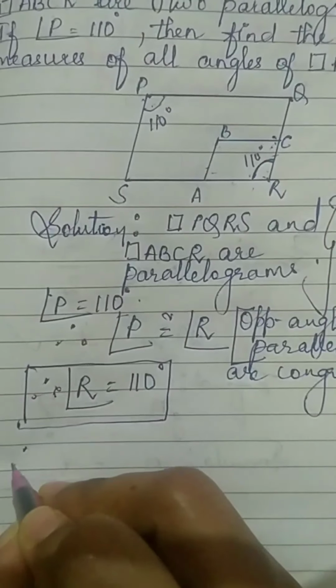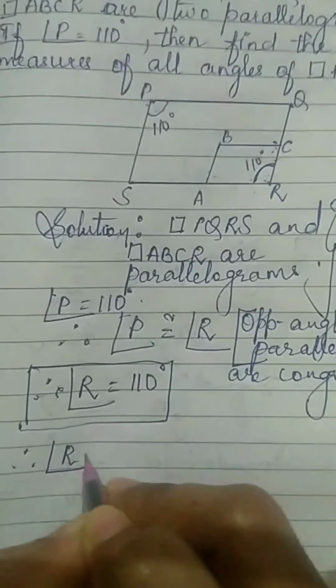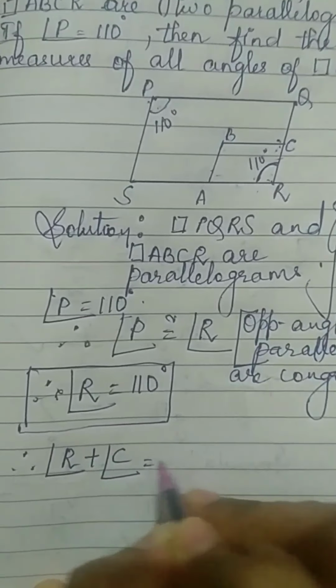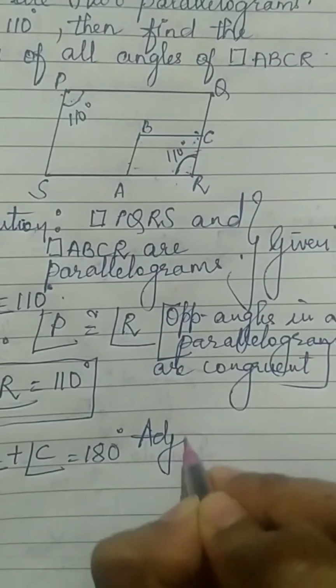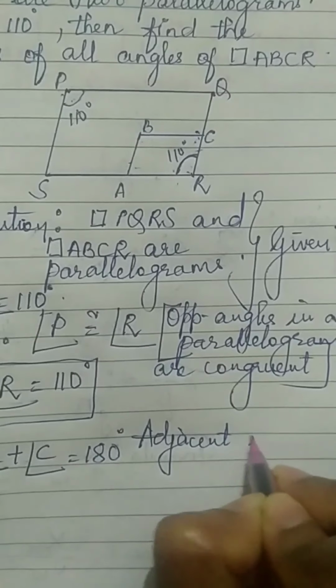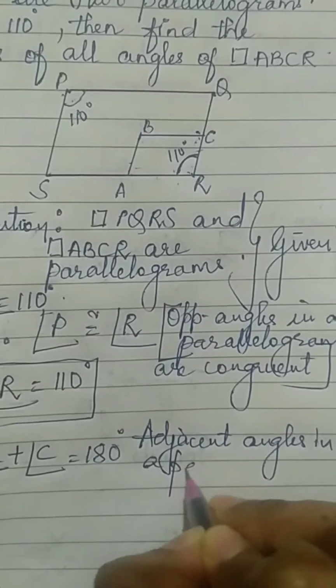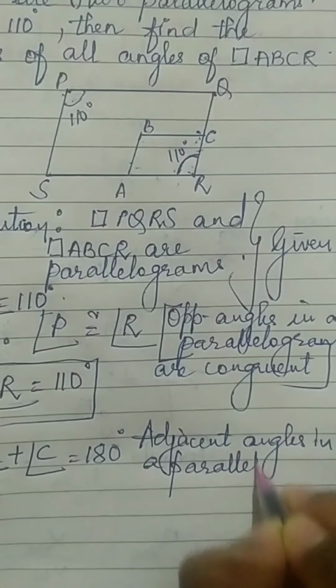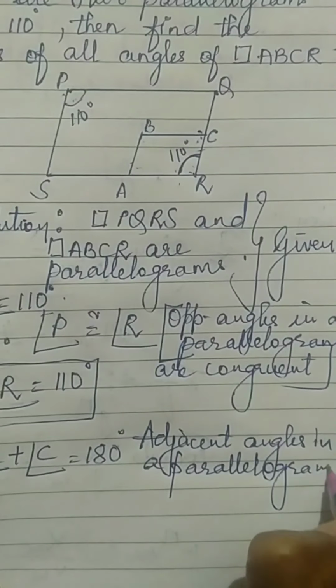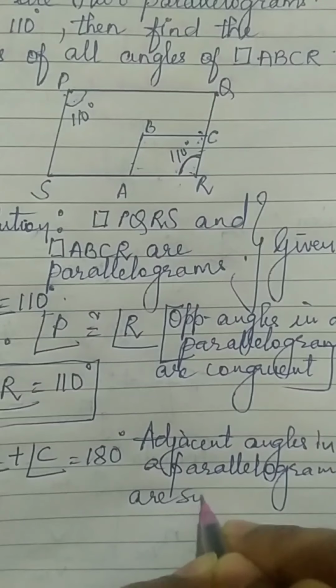So next you will write angle R plus angle C is equal to 180 degree. Reason: adjacent angles in a parallelogram are supplementary.